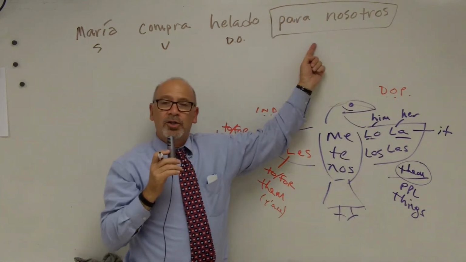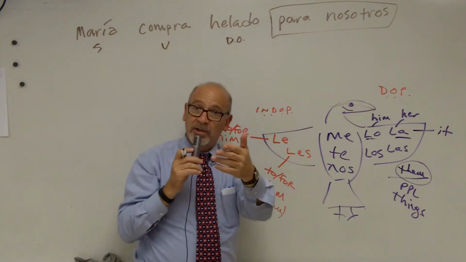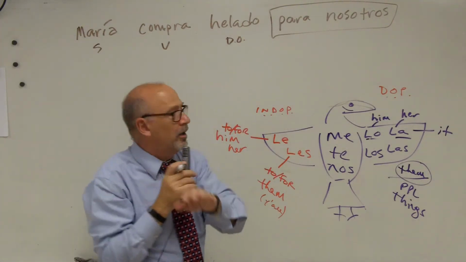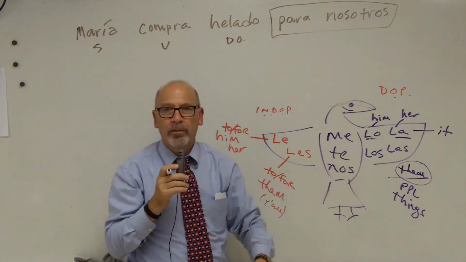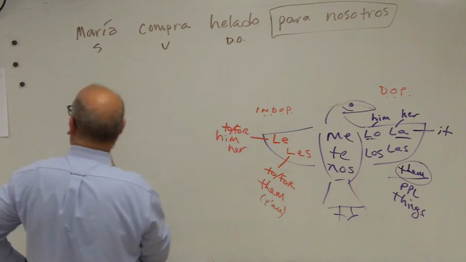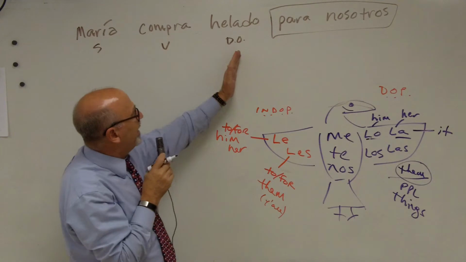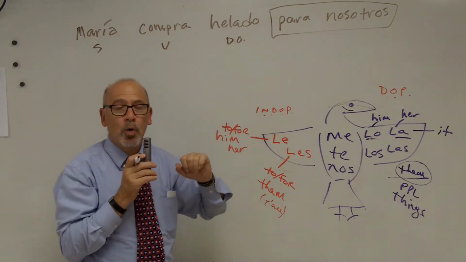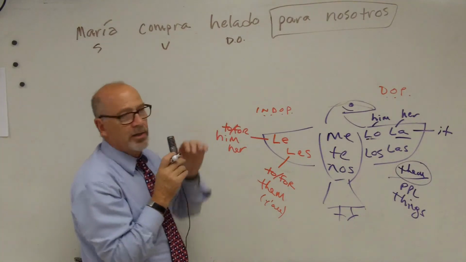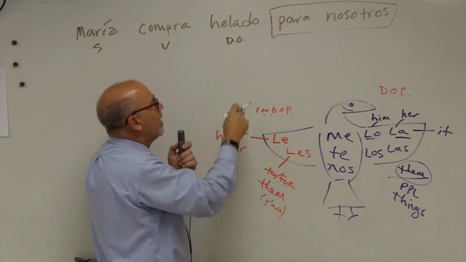So there's any number of things that we can do. Can we convert that to a verb word so we don't have to have para nosotros? Absolutely we can. So we're going to take that away. We're going to keep María compra helado just the way it is, but we're going to get rid of this.